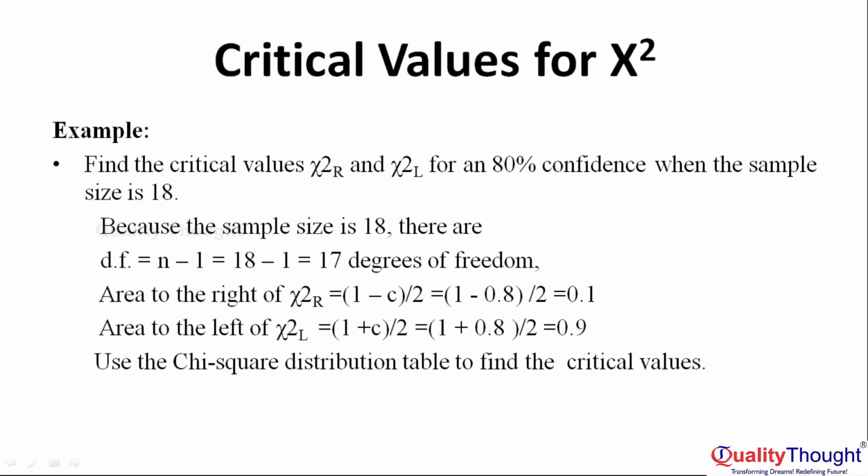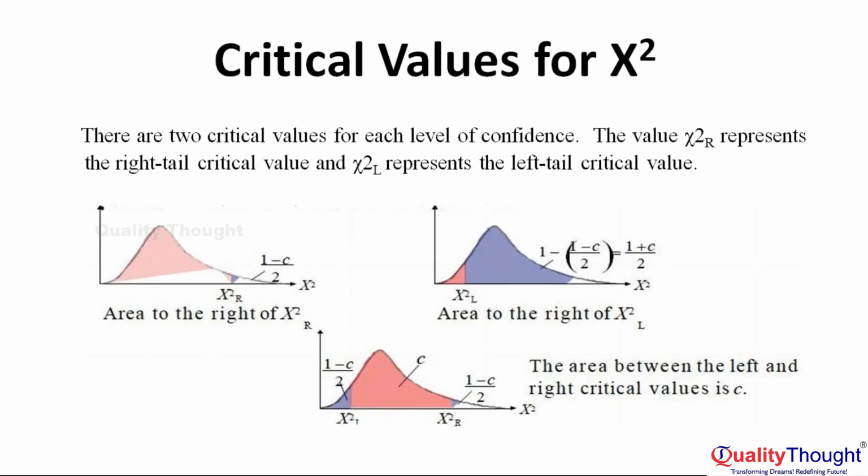This is what we checked yesterday, just now. Area to the right of the chi-square is 1 minus c by 2, and for the left it is 1 plus c by 2. Chi-square R is different from chi-square L. Why?